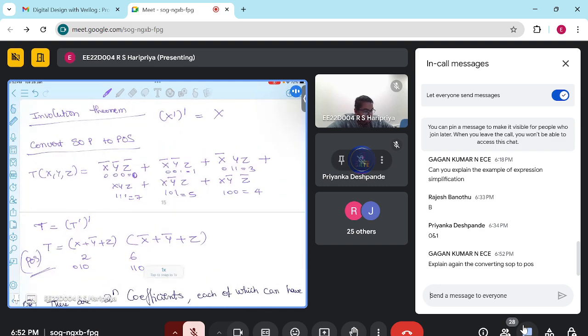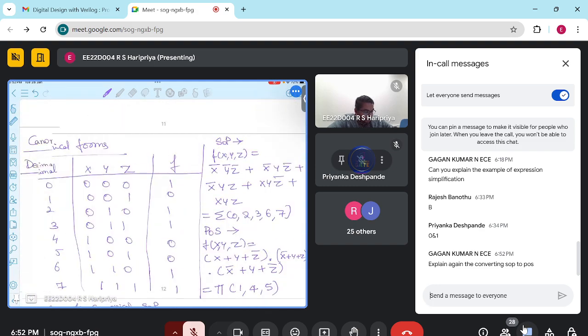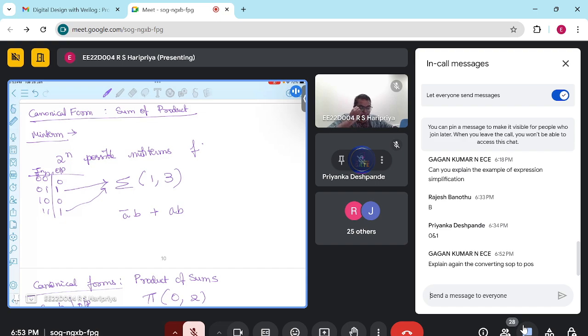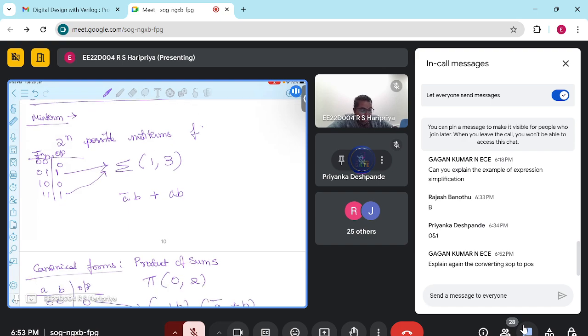Yeah, so SOP to POS. In the canonical SOP form, whenever the output of a function is 1, those min terms will be considered. So here in this expression, the output is 1 for 0 1 and 1 1, that is min term 1 and 3, and 0 means it will be in complement, 1 means it will be in uncomplemented form for the SOP expression.